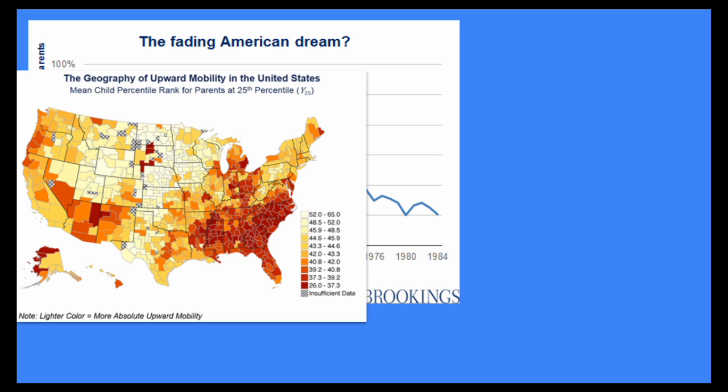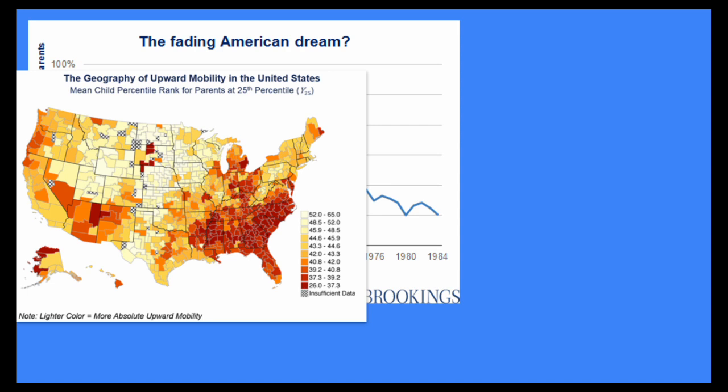But this deterioration of the American dream isn't happening everywhere in the United States. It's happening and clustering in certain parts of the country. You can see that with this heat map, where the darker parts of the map indicate areas where people are far less socially mobile at the bottom part of the income distribution.